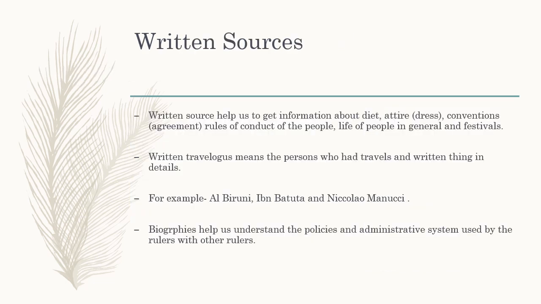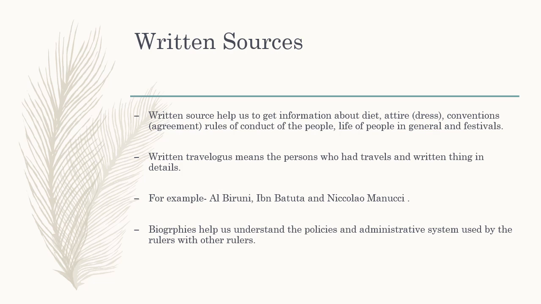Continuing with that, it is also mentioned, beyond all these rulings related to documents and scripts, that the regional languages and written sources show how the lifestyle was described in history. Here the written source helps us get information about diet, attire, that is the dress they used, and conventions, that is agreements between two parties or two places.